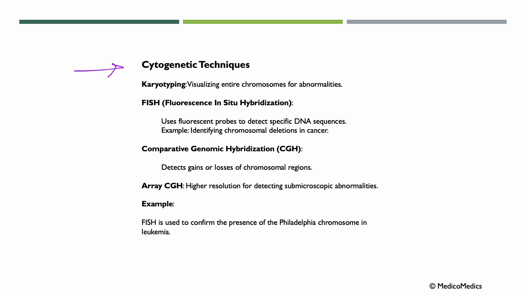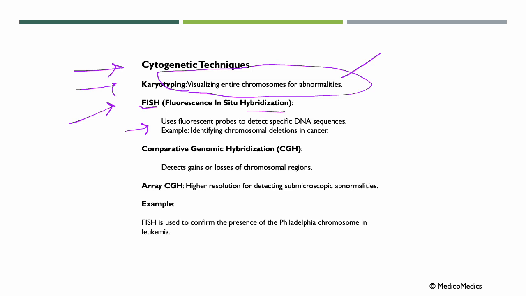Now, cytogenetic techniques. So we mentioned karyotyping, which helps us visualize entire chromosomes for abnormalities, like a photograph. We also have, the abbreviation is FISH, so fluorescence in situ hybridization. Here we use fluorescent probes to detect specific DNA sequences. For example, identifying chromosomal deletions in cancer.